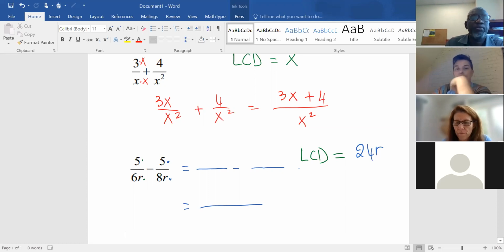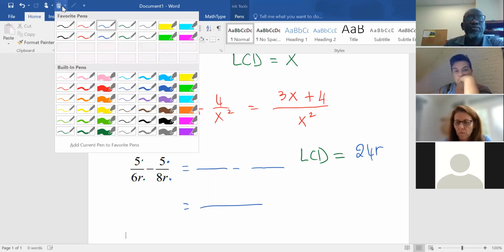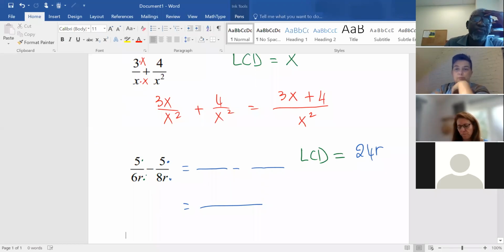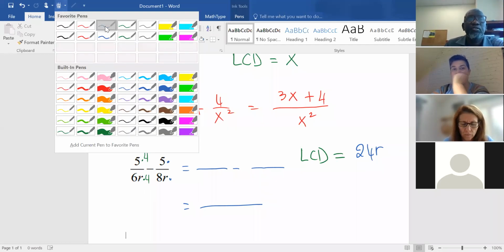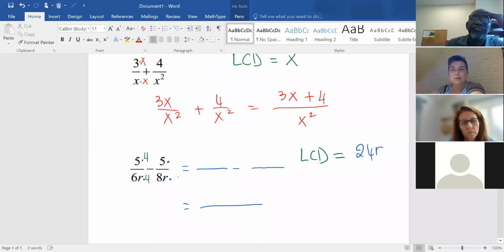Now you need to multiply the first denominator by how much to get 24R? By 4. If you do it at the bottom, we have to do it at the top. And we need to multiply the second one by how much to get 24R? By 3. 3 here, 3 here.